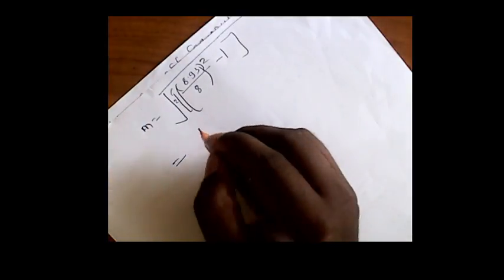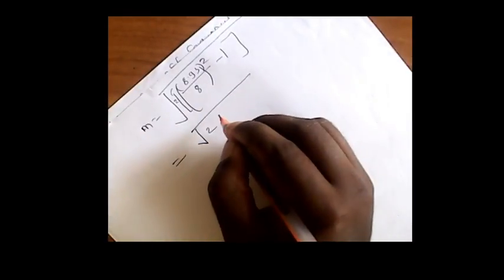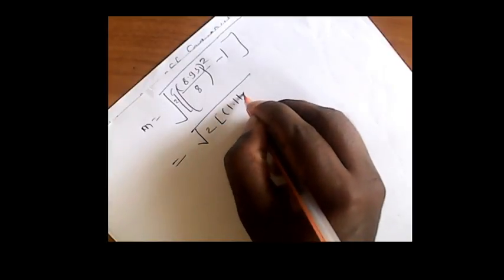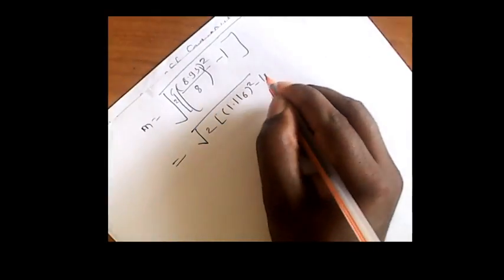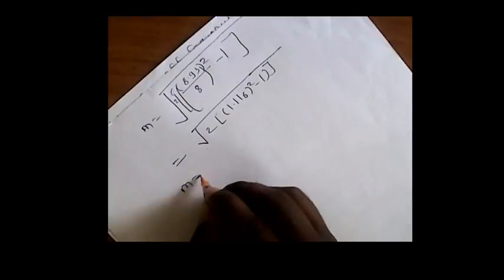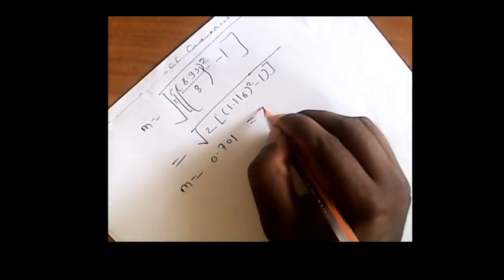After solving these equations, we get the modulation index m equal to 0.701, or in percentage, 70%.